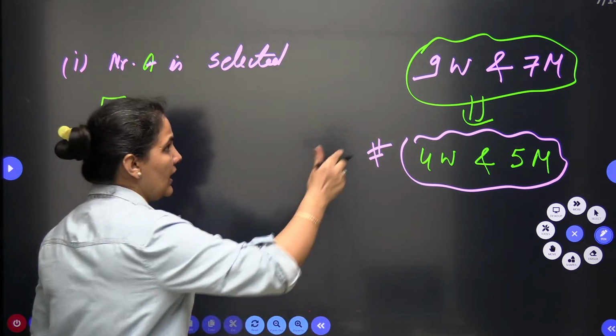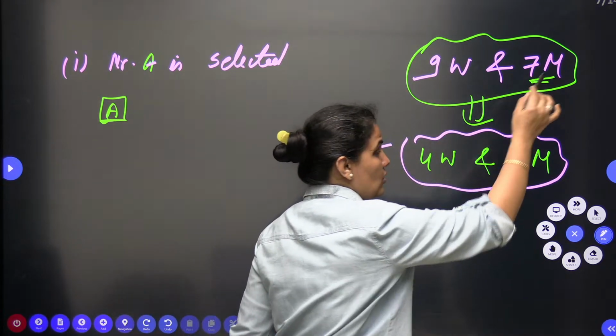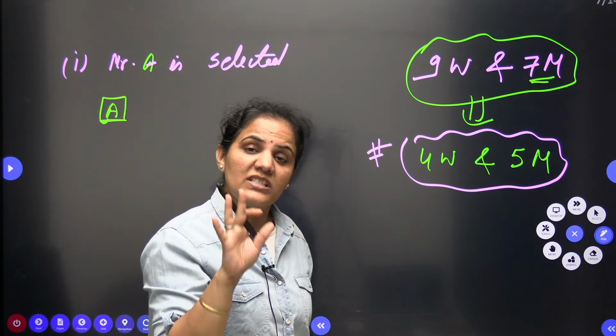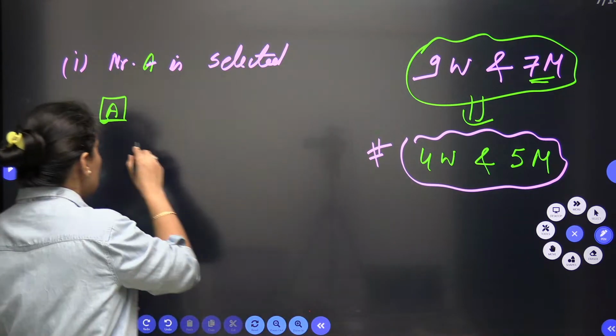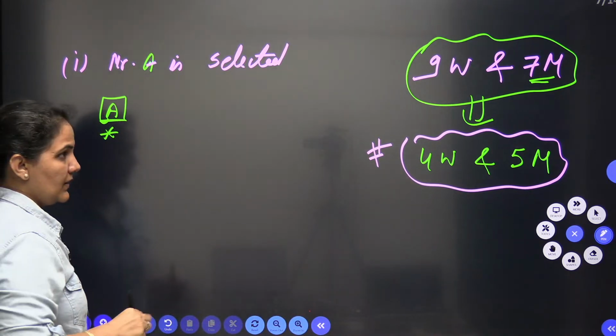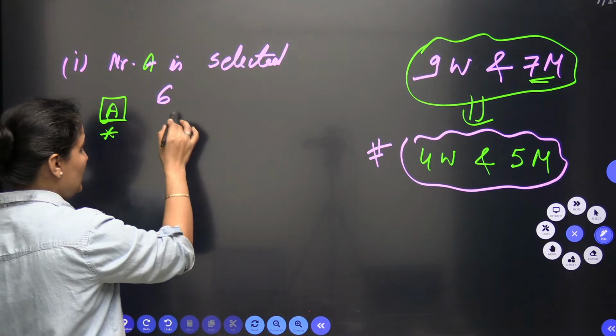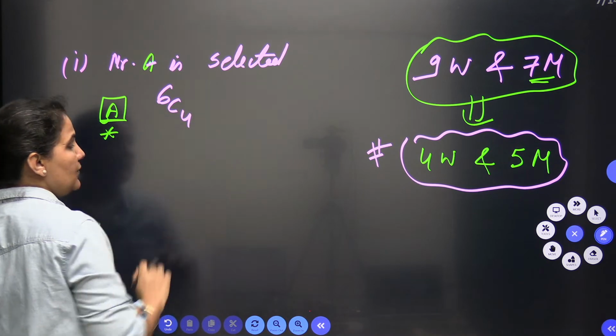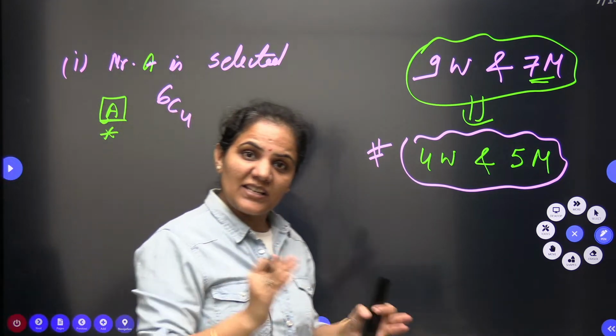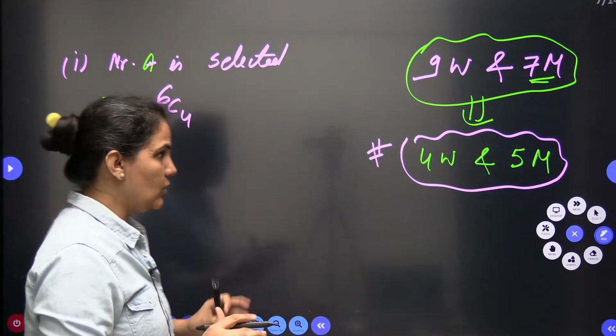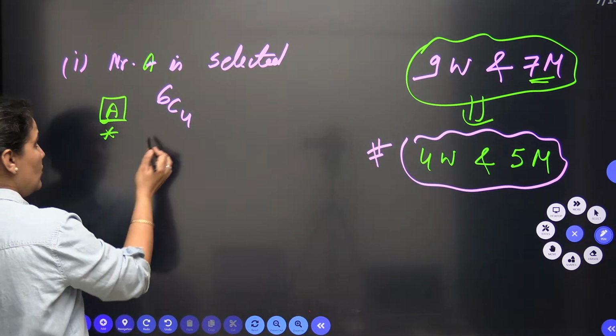The available men are also 6, because 1 is already fixed. So this position we already fixed. I will just go for the 6 men. Out of the available 6 men, any 4 can be there. And as we know very well, if Mr.